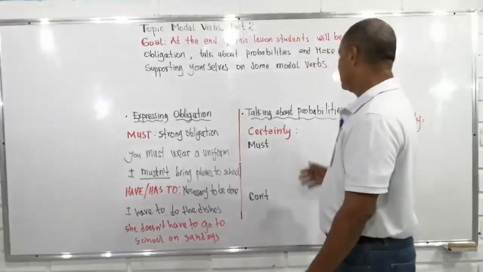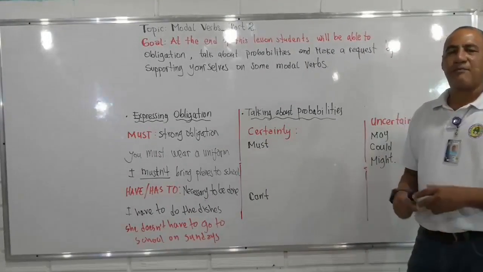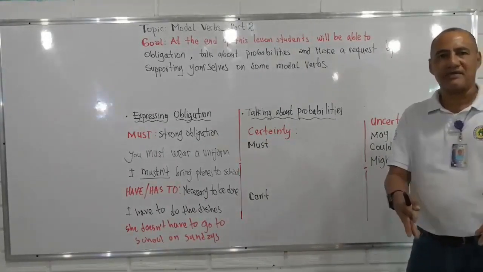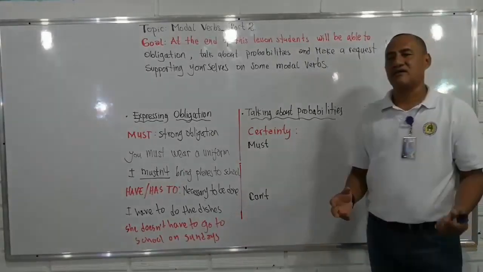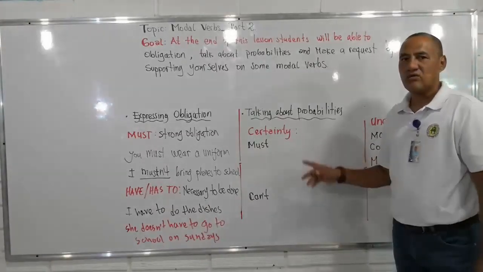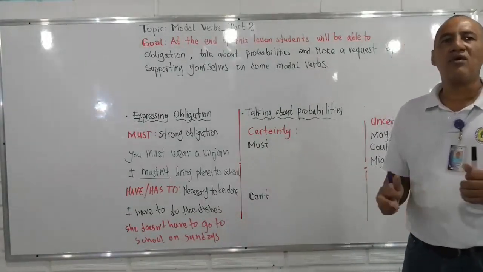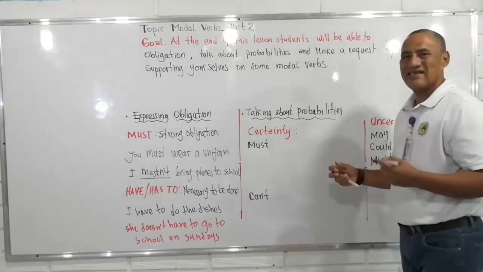Alright. Now look at this. Talking about the probability that something happens in present or in the future. There are two ways para hablar de la probabilidad de que algo suceda. Certainty, when something is true that is going to happen. So certain, certeza.